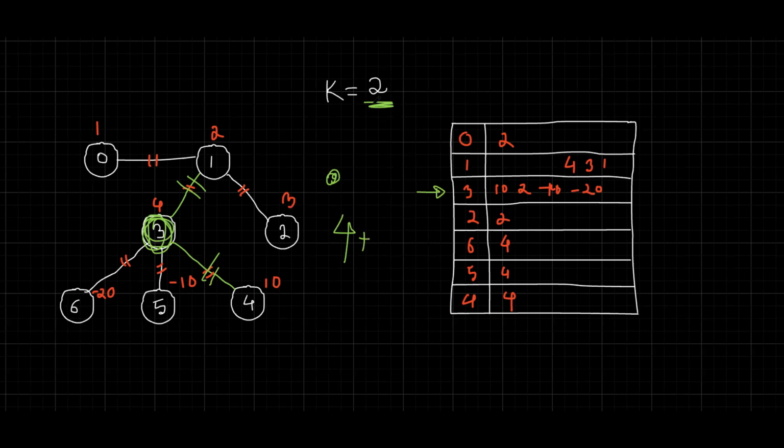Plus, we can choose at most two of the edges. That means we can choose the values 10 and 2. So it will become 4 plus 10 plus 2. That means 16. So this is one possible answer. And by doing this operation repetitively for each of the entries, we will get the maximum value.